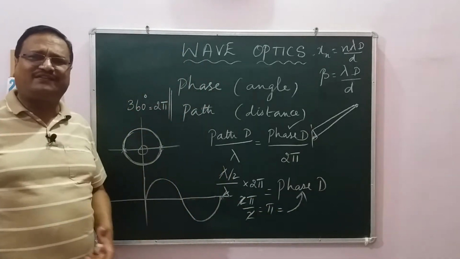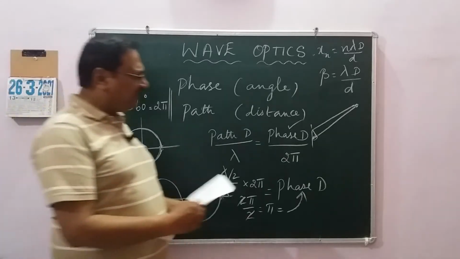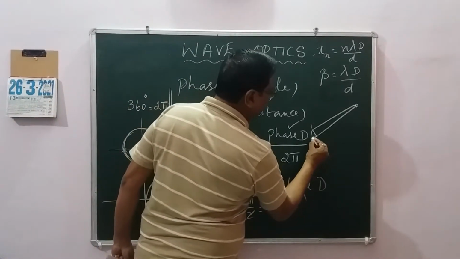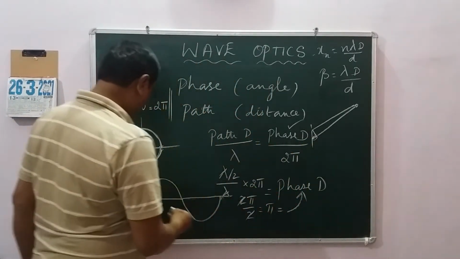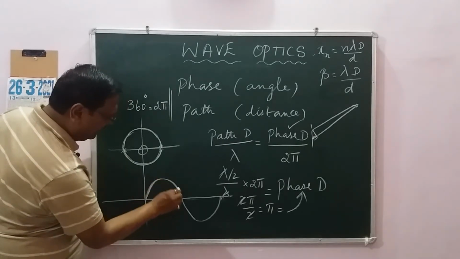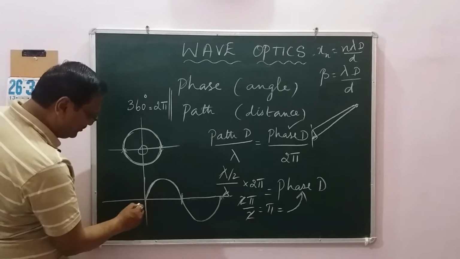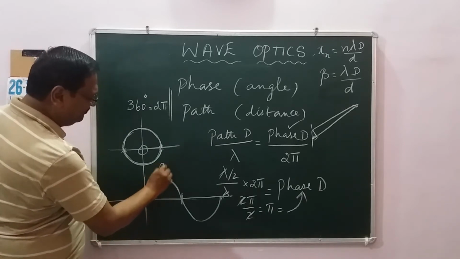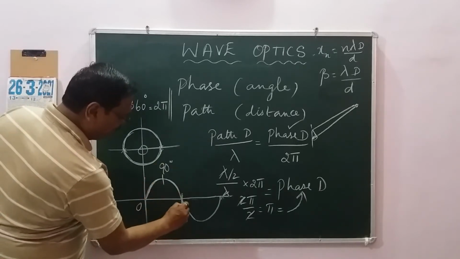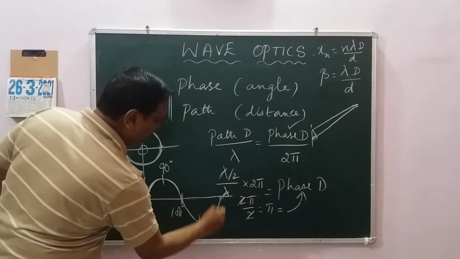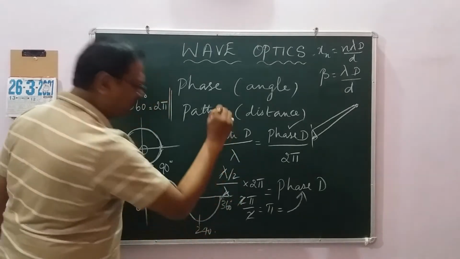So what do you mean? If there is only half a wavelength, how much is the total angle here? 180 degrees. See, 0 degree, 90 degree, 180 degree, 270 degree, and you reach 360 degree.